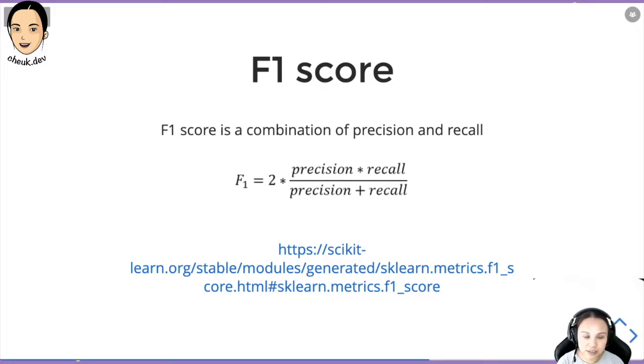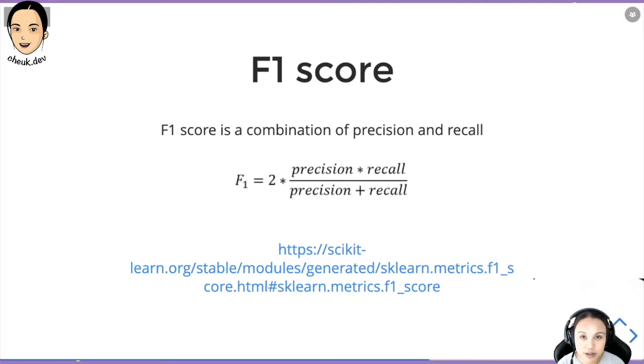Because it's the product of precision and recall, you can't have one very good and one very bad, because that would also make the score very low. You have to have both performing well, and the 2 there is just to maintain the range of the F1 score.